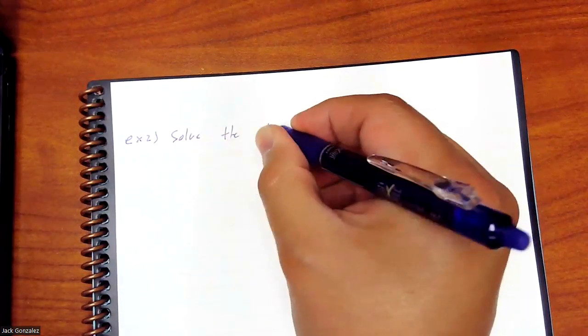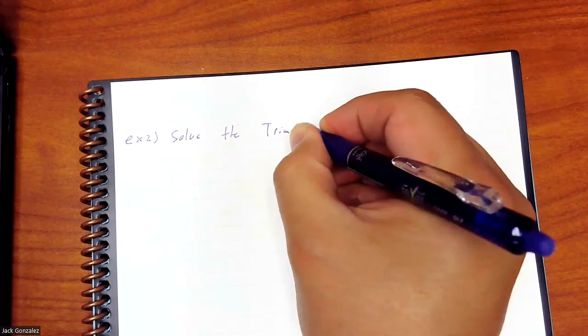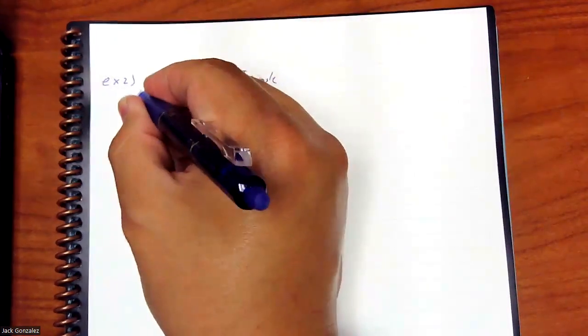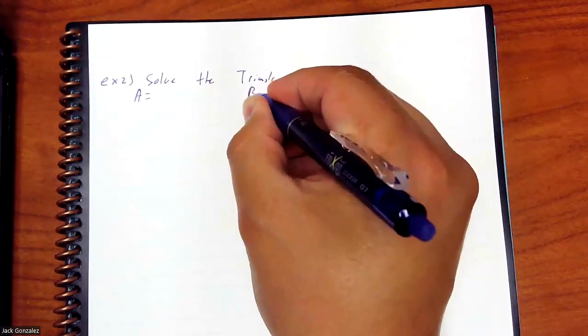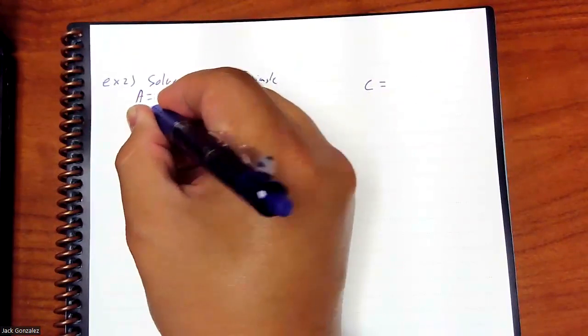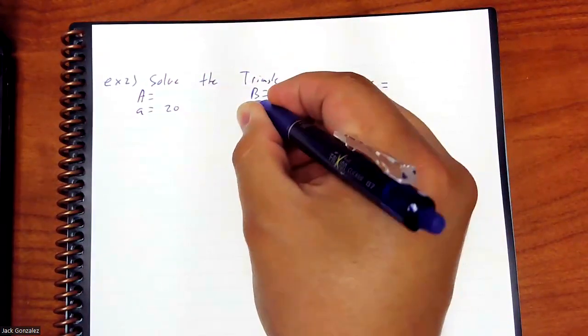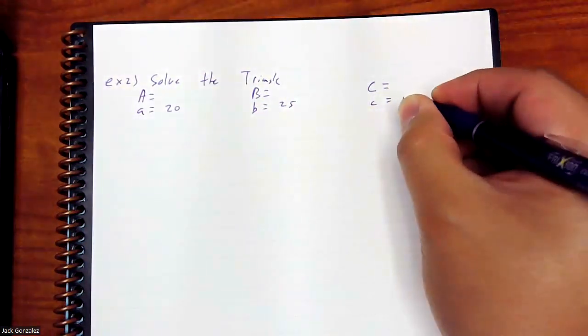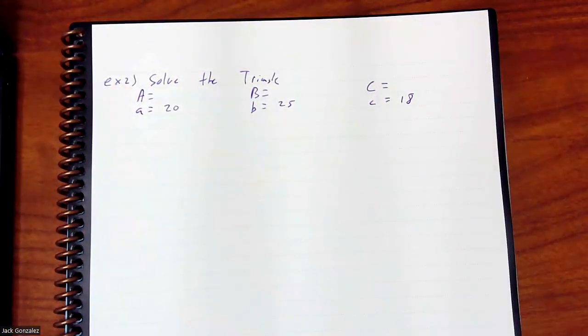Solve the triangle. Okay, so A and B and C were not given. Only the lowercase sides are given. So this shouldn't be too bad. You just straight up use the formulas, find two angles, and then subtract from 180 and you'll be done.